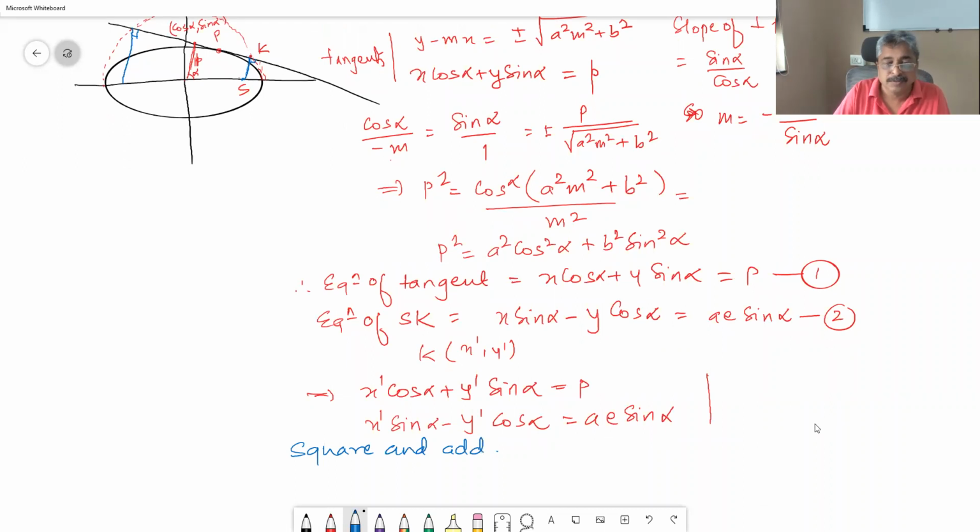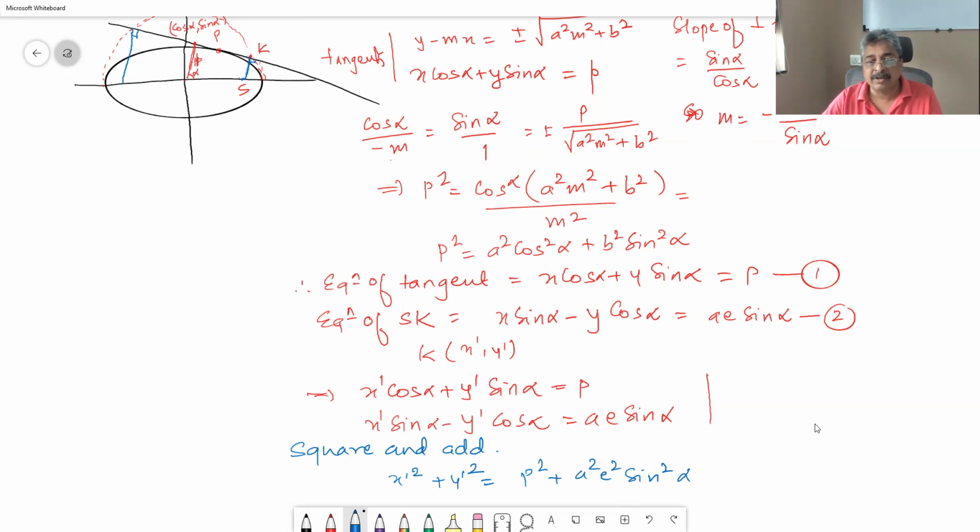The middle term will get cancelled. In the LHS, x dash square cos square alpha plus x dash square sine square alpha gives x dash square plus y dash square, which is going to be equal to p square plus a square e square sine square alpha.